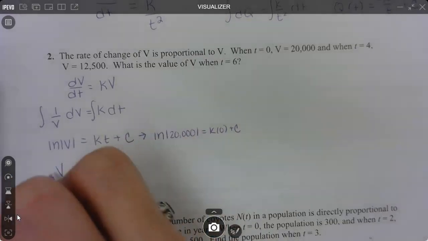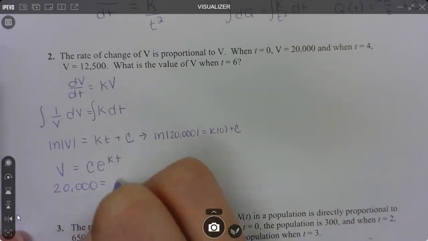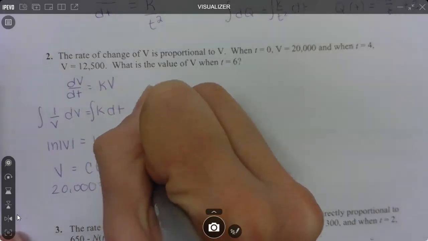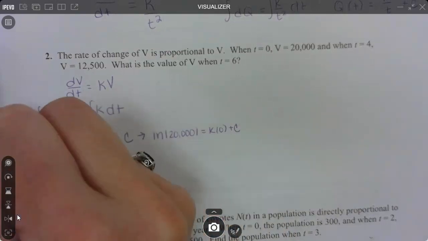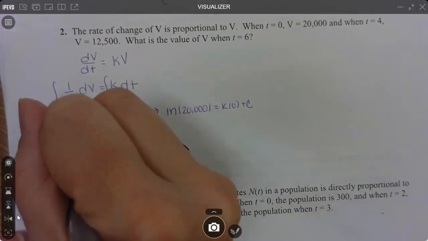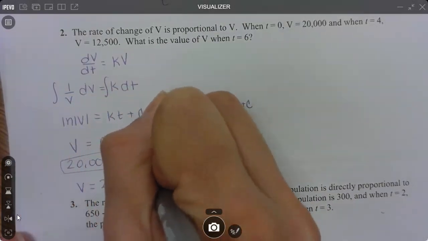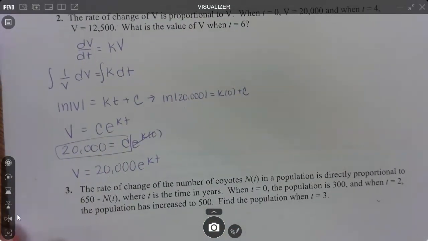If you plugged it in here, it's 20,000 equals C E to the K times 0, which made that 1, which makes finding the C a little bit easier. So we have V equals 20,000 E to the KT.